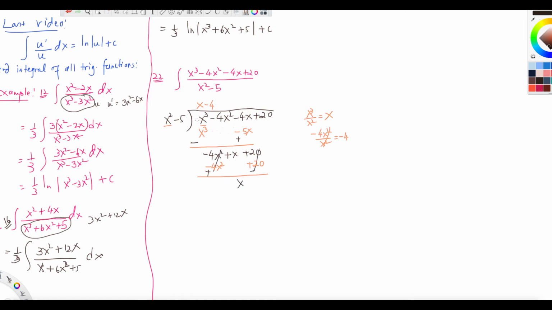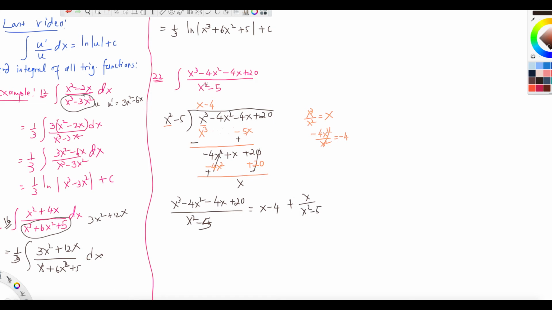So what you can write is x cubed minus 4x squared minus 4x plus 20 divided by x squared minus 5. How can you write that? You can write the quotient x minus 4, and then plus x, the remainder, divided by the divisor, x squared minus 5.